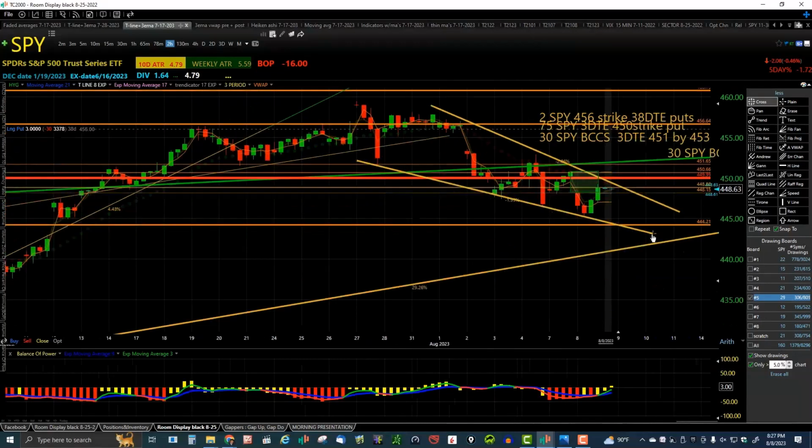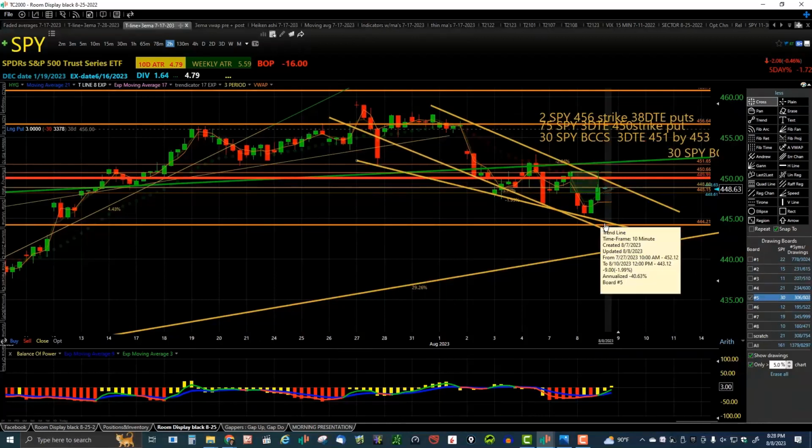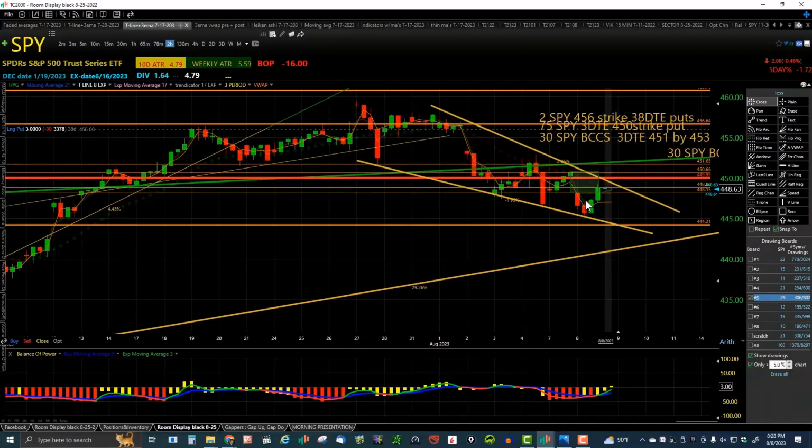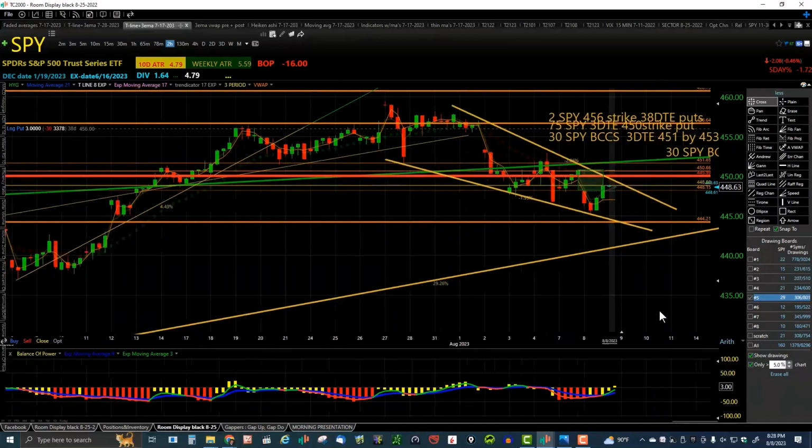And of course, my channel was more straight like this, and I was looking for them to come a little bit lower down to this 444.21 area, and I thought they were going to roll it over, and then they started to trade over VWAP, so it went right back up to the upside of the channel. Yeah, the 446 call was beautiful. Oh well, it got closed regardless, didn't it? Nice trade on that one, Trader X.